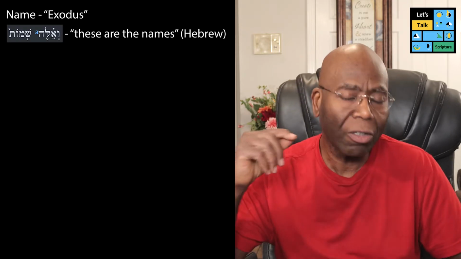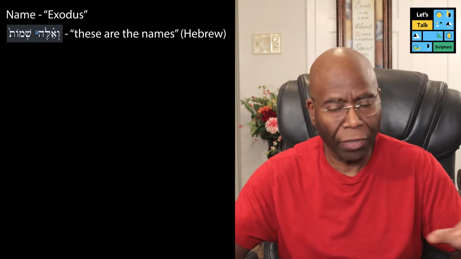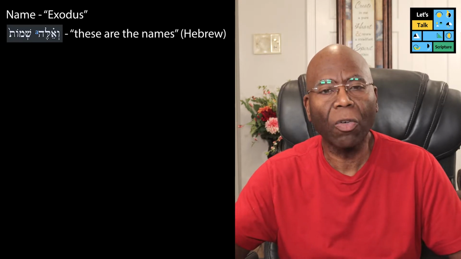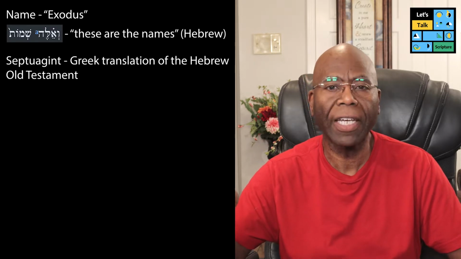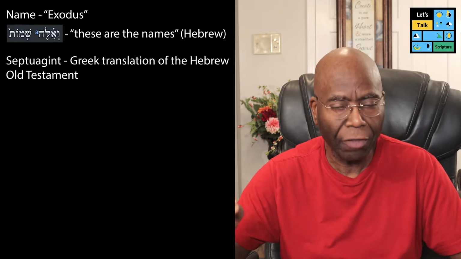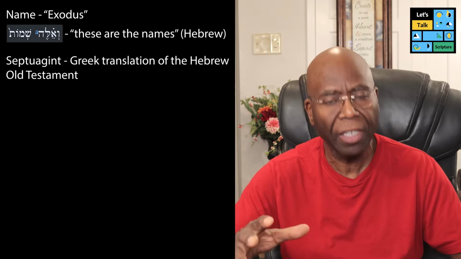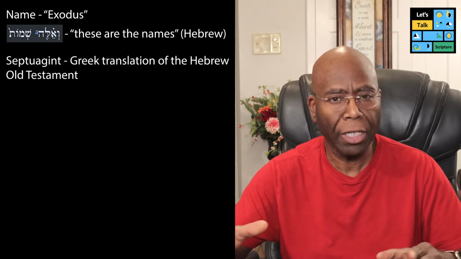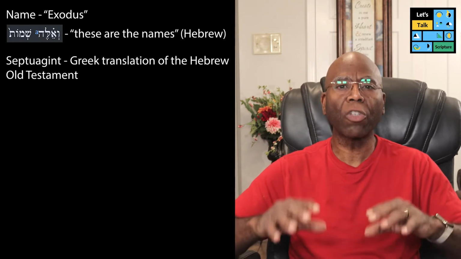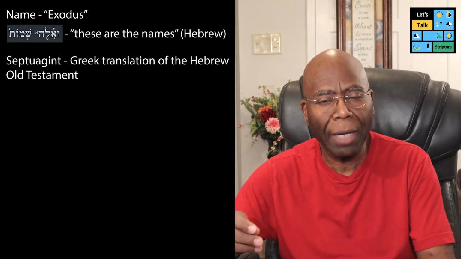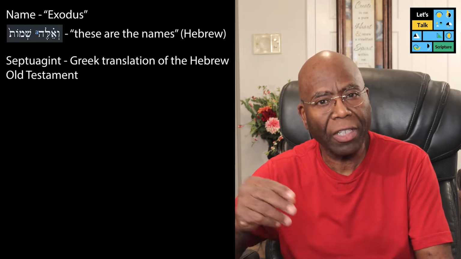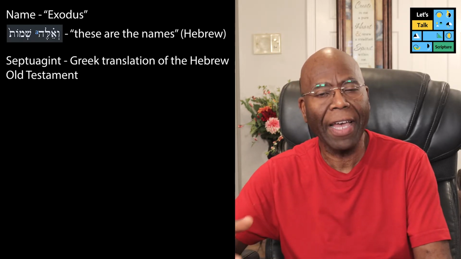Now, roughly 250 BC is the writing of the Septuagint. The Septuagint is nothing more than the Greek rendering of the Hebrew Old Testament. It's a Greek translation of the Hebrew Old Testament. It was given so that the Jewish people, basically those who were predominantly Greek readers and speakers, would be able to have the Old Testament.